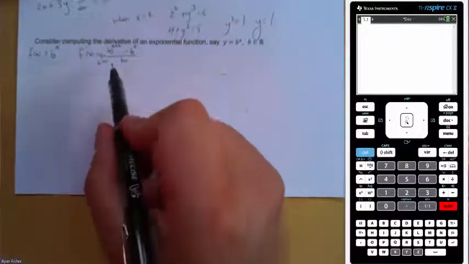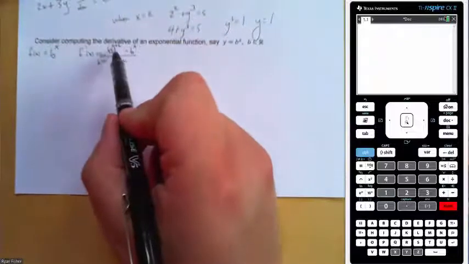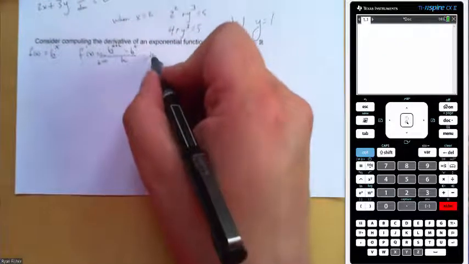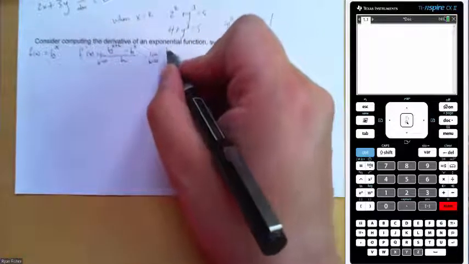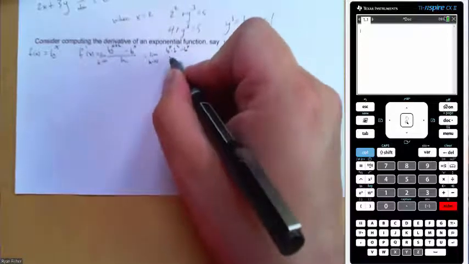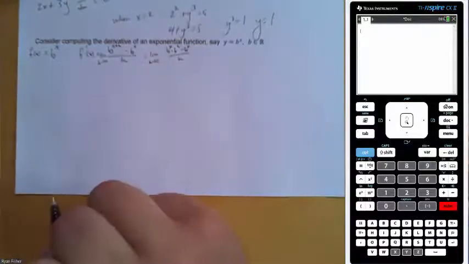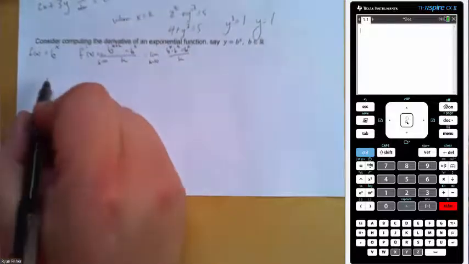With a little rearranging, note that exponent rules say that this is the same as the limit as h tends to 0 of b to the x times b to the h minus b to the x over h, which means you could factor a b to the x out.